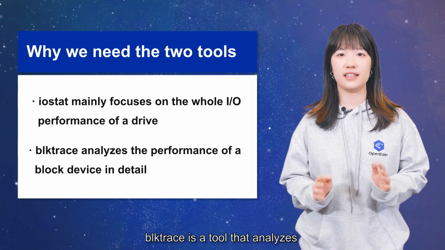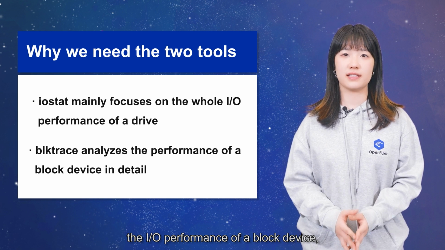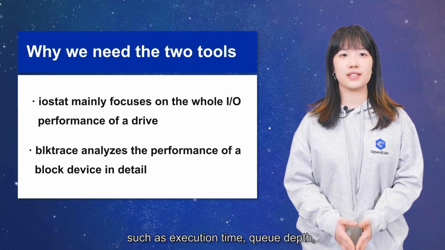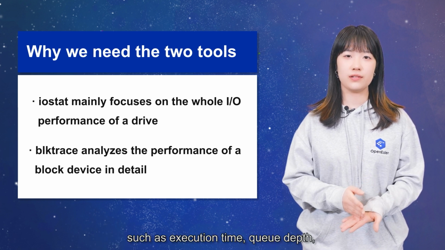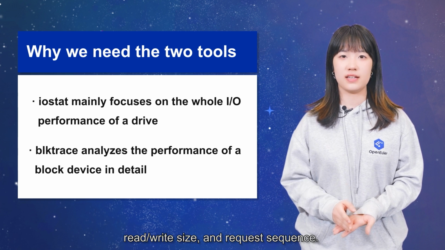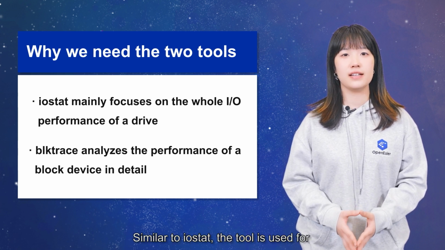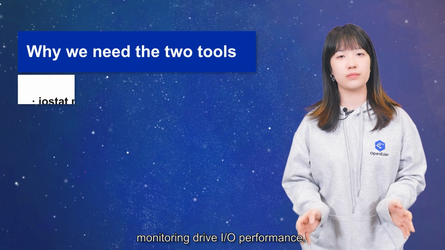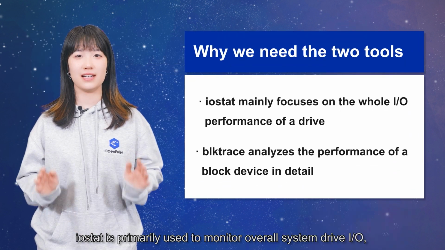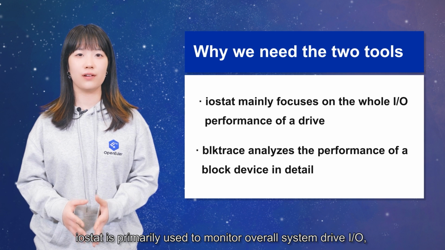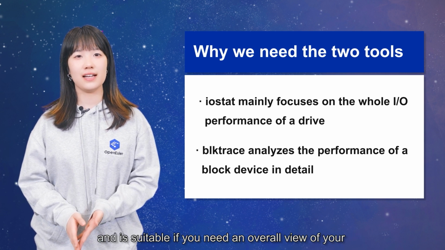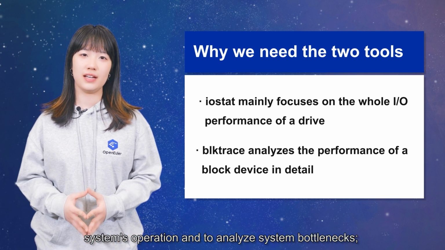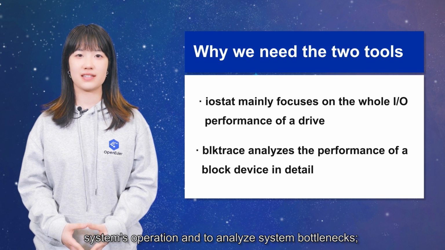blktrace is a tool that analyzes the I/O performance of a block device, providing more detailed data of each drive operation, such as execution time, queue depth, read or write size, and request sequence. Similar to IOstat, the tool is used for monitoring drive I/O performance. IOstat is primarily used to monitor overall system drive I/O and is suitable if you need an overall view of your system's operation and to analyze system bottlenecks.